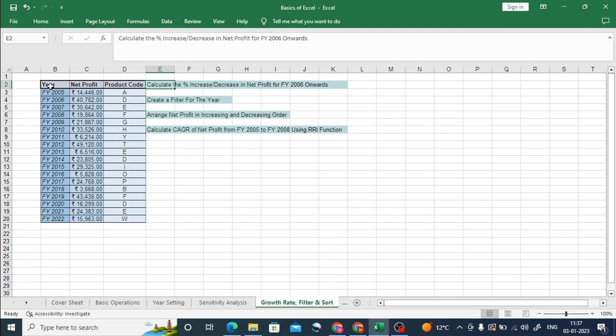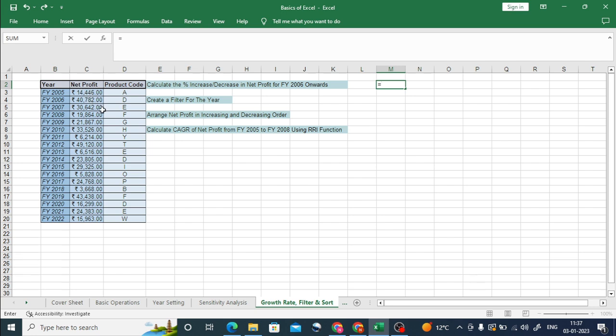So now if you are asked whether the profit has increased or decreased in percentage terms as compared to the previous year, then how are you going to calculate it? Simply put an equal to sign. The current year figure being 40,000.